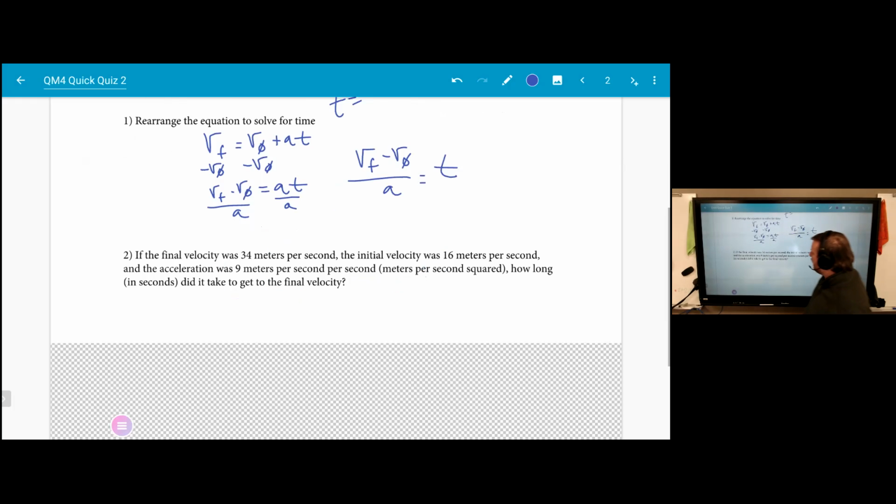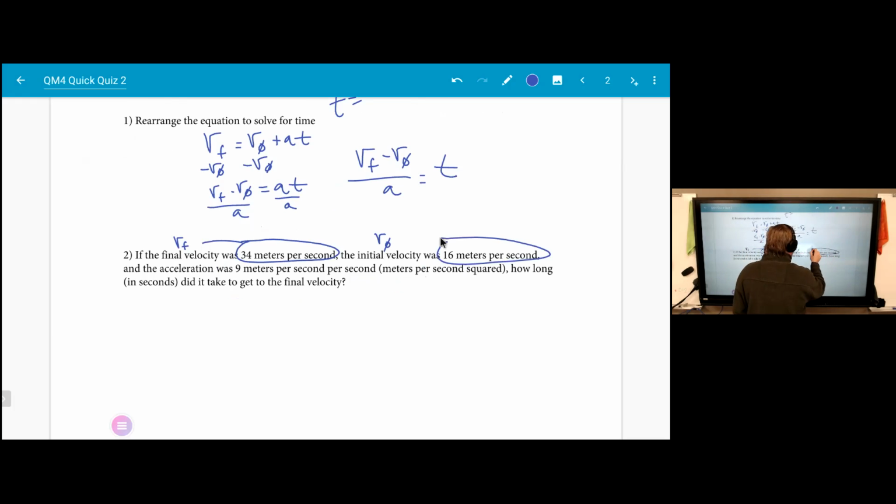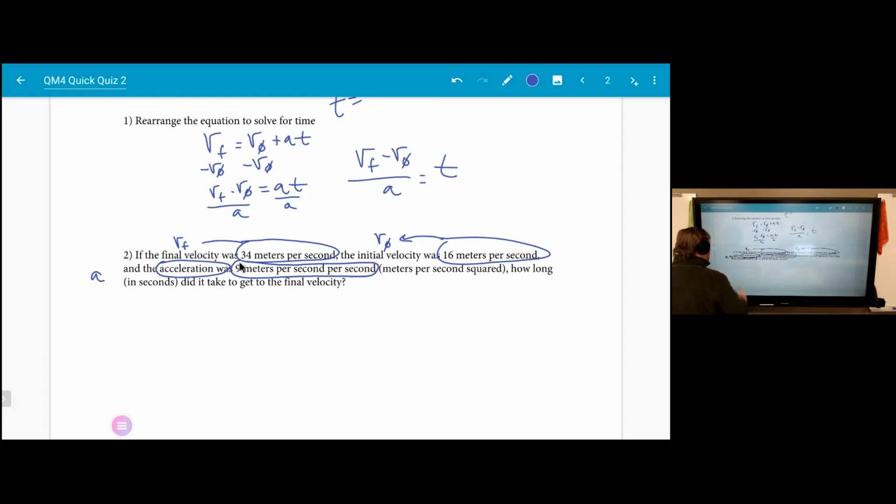If the final velocity, we called that v sub f, and the initial velocity, that's v sub 0. So 34 meters per second goes here, 16 meters per second goes here, and the acceleration, we called that a, and that is 9 meters per second squared.